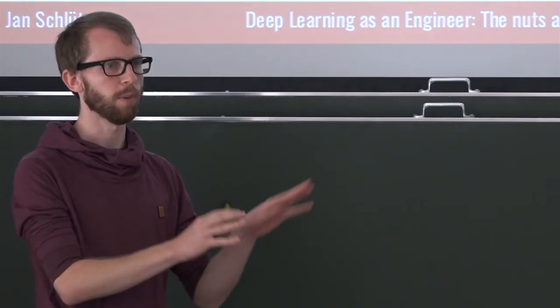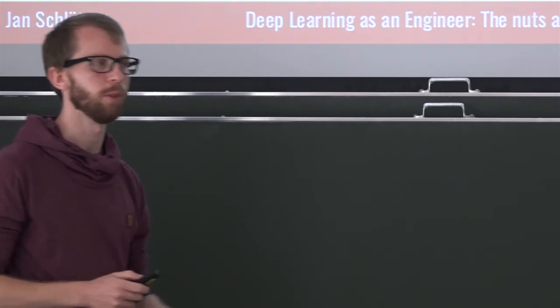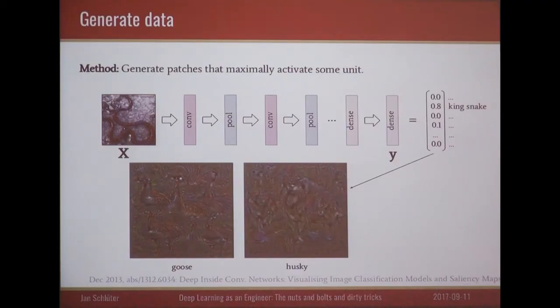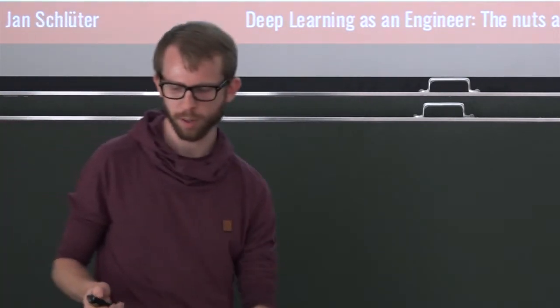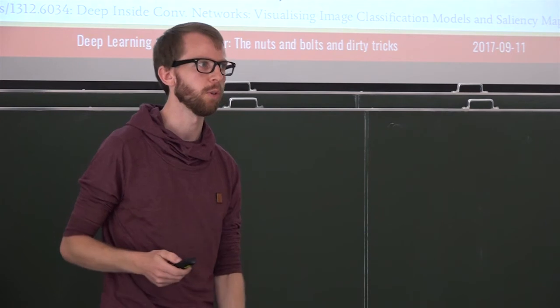And you also apply some averaging in between, so you enforce some correlation between neighboring pixels. So this makes it look more like images. So you see this is what makes the network think they are geese. This is huskies. It looks very edgy, but the same technique was used for this Google Deep Dream trick.